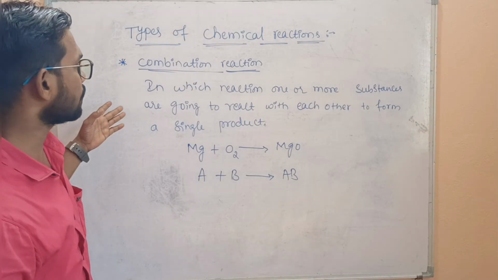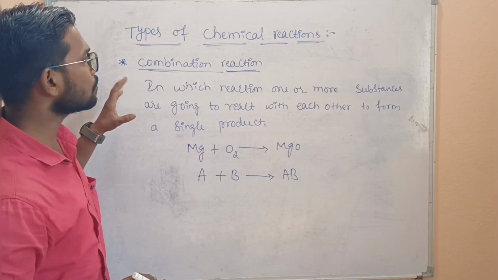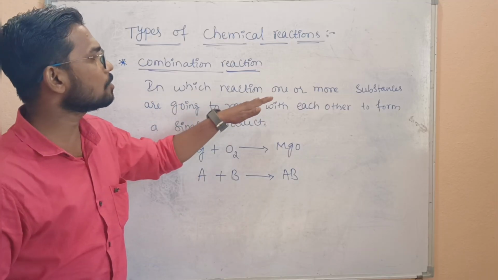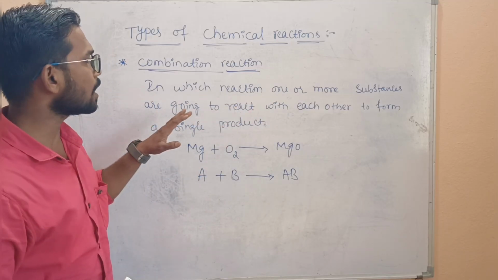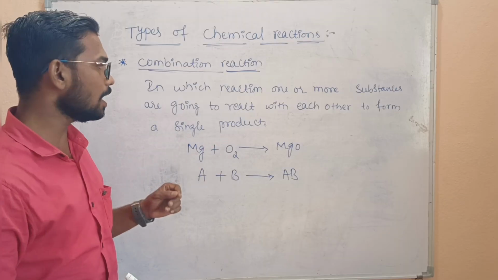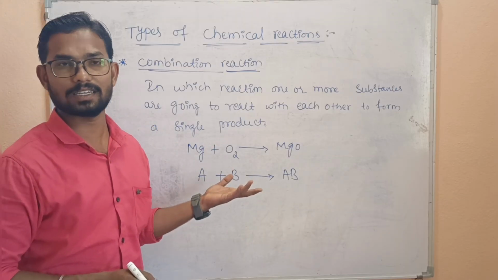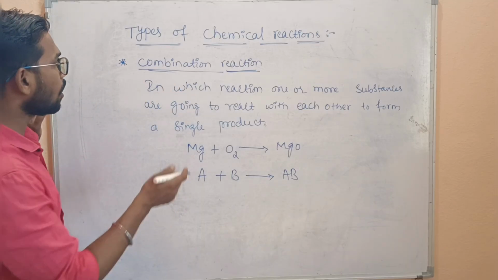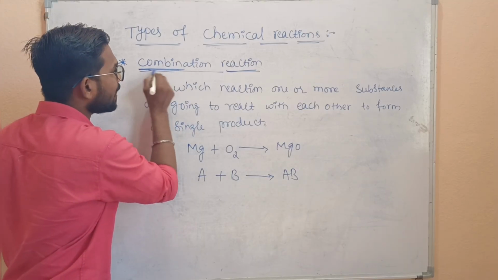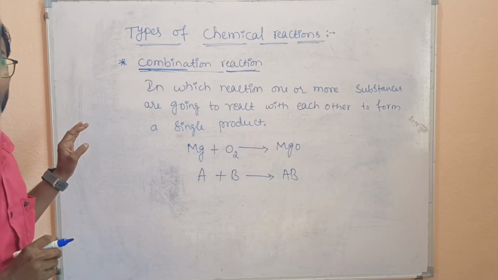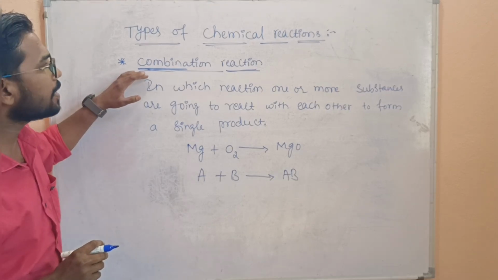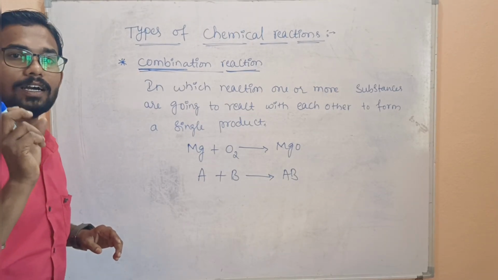It is a very easy reaction type to remember: in which reaction do one or more substances react with each other to form a single product? In a combination reaction. Combination means combining together to form a single product.